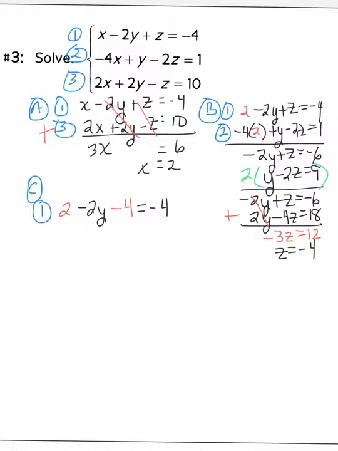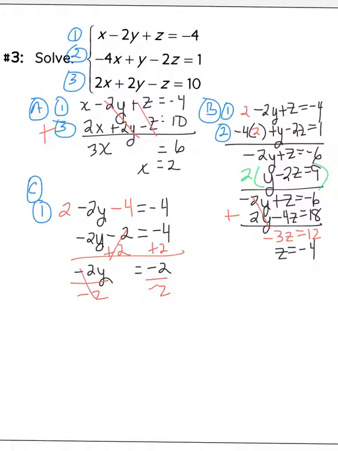So combining your like terms, 2 and negative 4 is going to give me a negative 2, and I already brought down the negative 2y, equals negative 4. Then add 2. And so you get a negative 2y is equal to negative 2. When you divide by negative 2, you are going to get y equals a positive 1.